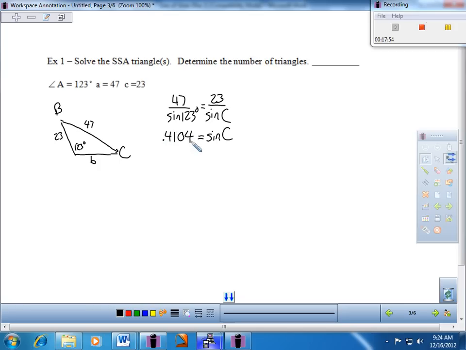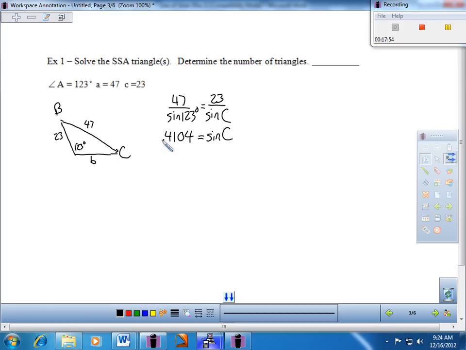Which is great. So here's the interesting piece about this. And again, we've been working and trying to deal with these inverses now for several weeks. Here is another situation where we're trying to do that. Basically, what I need to do is find angle C by undoing sine. The problem is I have this nice positive sine ratio over here.